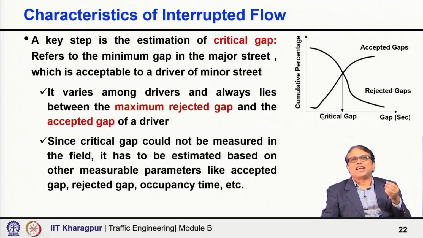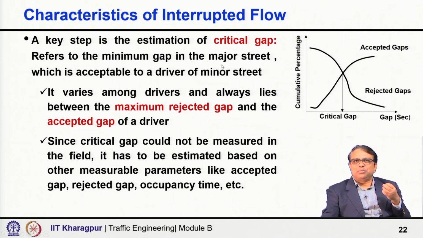Of course, as the gap is more, the acceptance will be higher, more and more vehicles are going to accept it and fewer vehicles are going to reject it. Similarly, if the gap is on the lower side, then more vehicles are likely to reject it and very few vehicles are expected to accept it. So, the critical gap is where these two curves intersect.